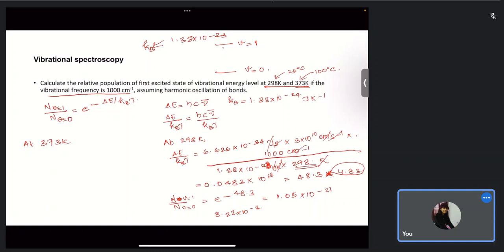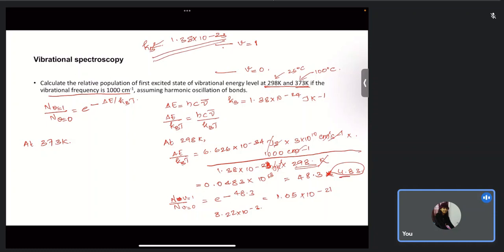Let me see whether I have the correct value of kB. I think this is the mistake. You have to put the value of kB as 1.38 into 10 to the power minus 23.